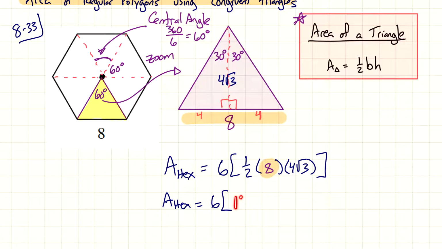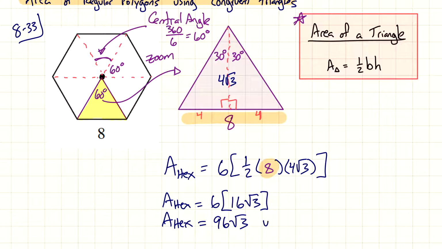So one triangle has an area of 16 times the square root of 3. That's one triangle. But we have 6 triangles, so the area is going to be equal to, I believe, 96 times the square root of 3.